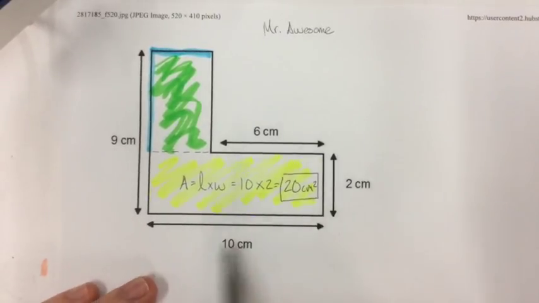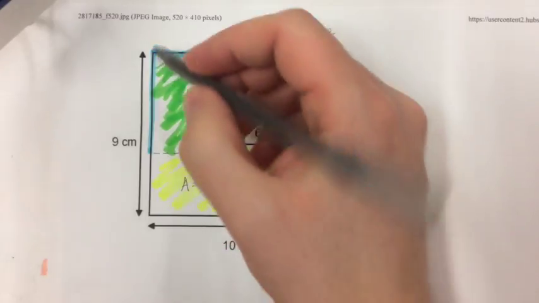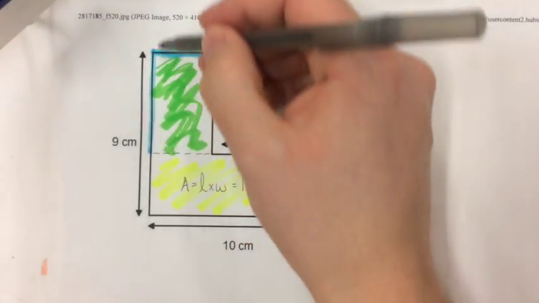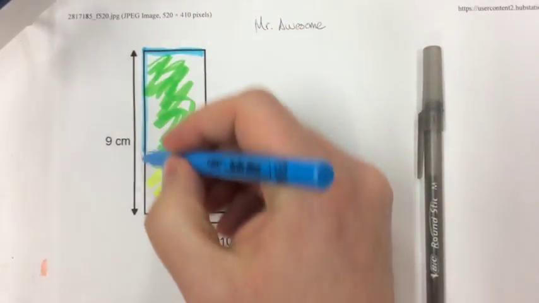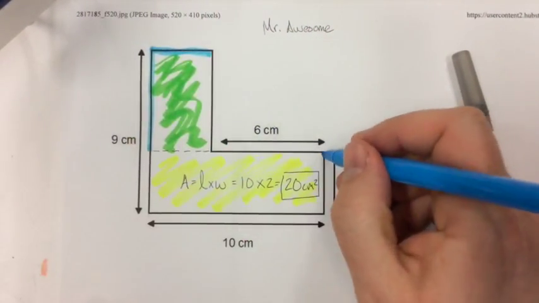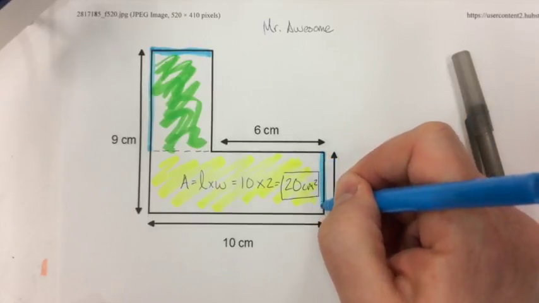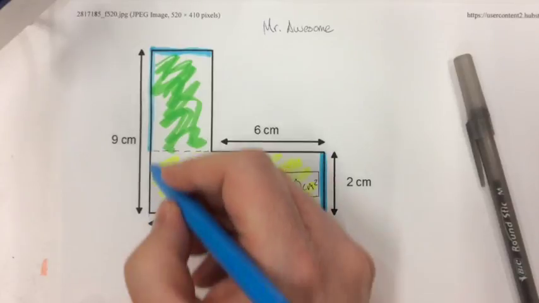So I'm going to have to use the numbers that I do have to figure out what these two missing numbers are. Well, I know that this whole long thing is 9 centimeters, but I only want part of it. But if I look over here, I notice that, wait a minute, this is also this missing length right here.